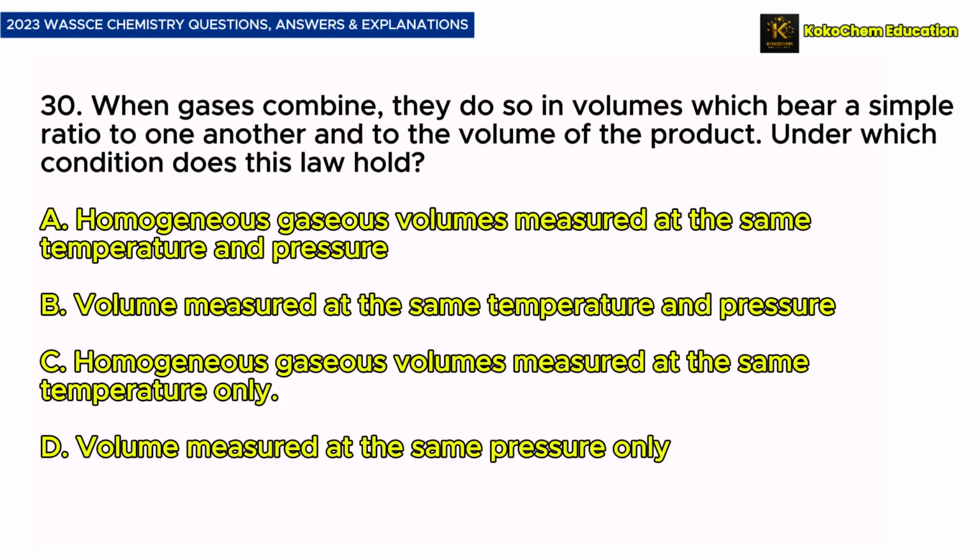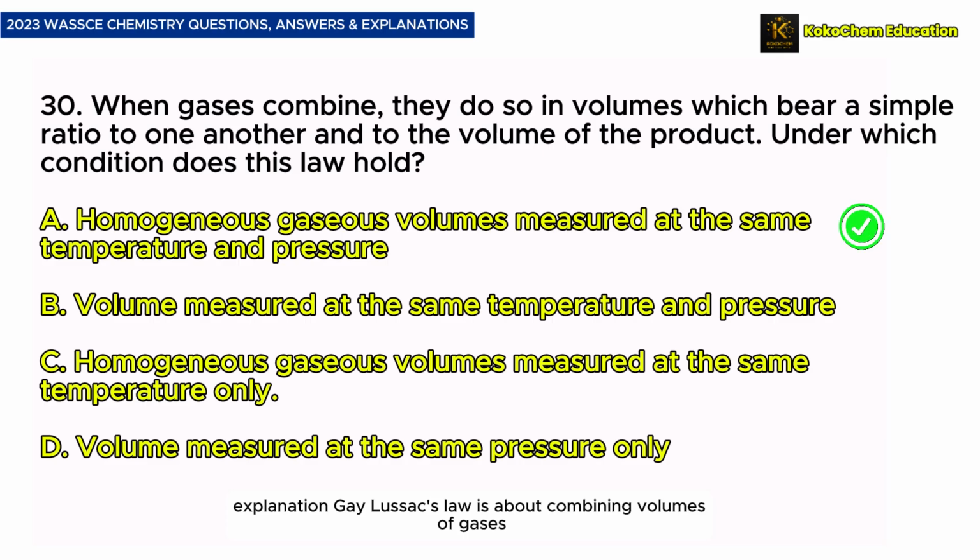B. Volume measured at the same temperature and pressure. C. Homogeneous gaseous volumes measured at the same temperature only. D. Volume measured at the same pressure only. The correct answer is A. Homogeneous gaseous volumes at the same temperature and pressure.